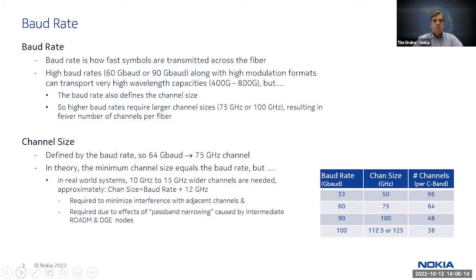Okay, so what is baud rate? Well, baud rate is really how fast the symbols are transmitted across the fiber. The higher the baud rate, the higher the modulation format, so the more capacity you can transmit. But we have to also go back and remember that the baud rate defines the channel size. And when I say the channel size, think back to your traditional WDM system.